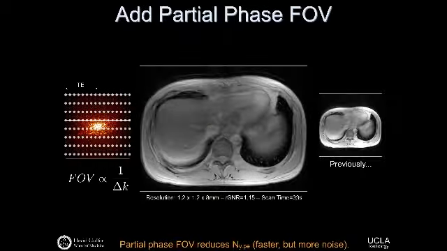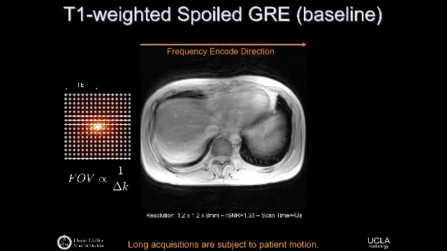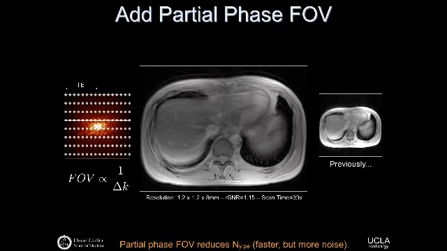What are our choices? Well, one simple choice is just to reduce the field of view, right? Bodies, or particular views, can be relatively rectangular, and so by decreasing the field of view, we have to increase our step size in K-space. If we go back to looking at the K-space here, if I take out every other line, I actually get a smaller field of view. It's more focused. I don't need as many lines of K-space, and that means I can scan faster.